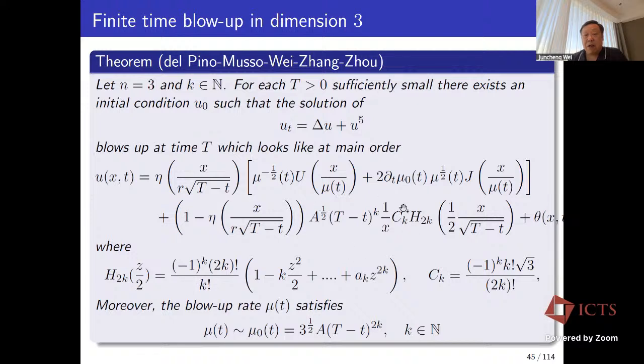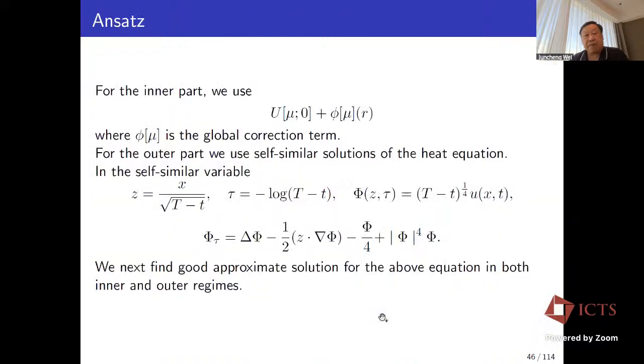We use this self-similar solution to match the inner problem, and our blowup rate is T minus t to the 2 times k.